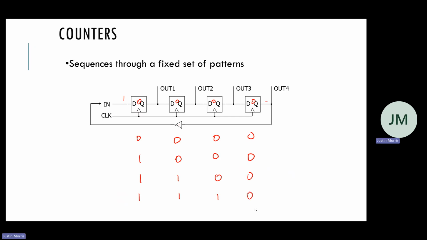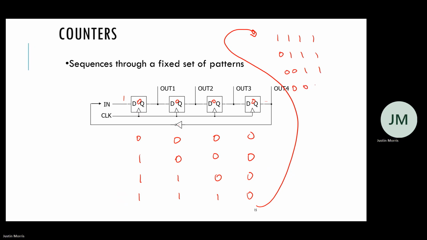And then after that, it's going to be 1, 1, 1, 1, and then 0, 1, 1, 1, 0, 0, 1, 1, 0, 0, 0, 1, and then 0, 0, 0, 0. And I'm just going to loop through all of these again.